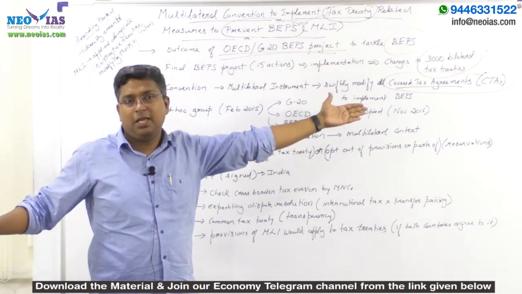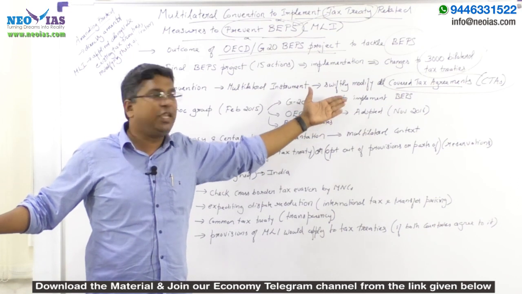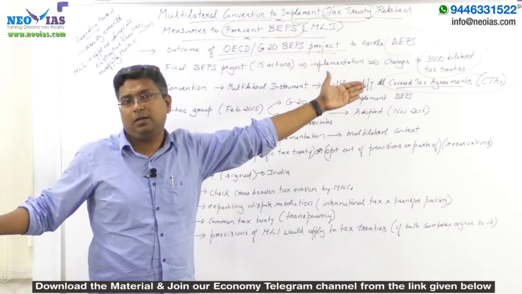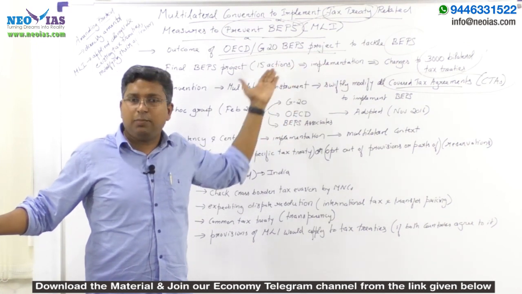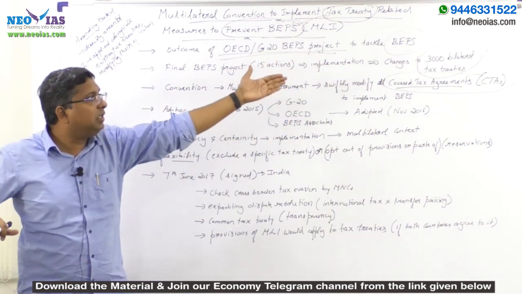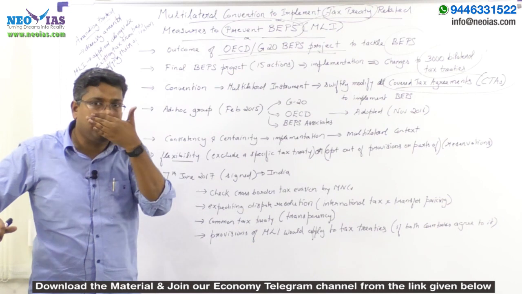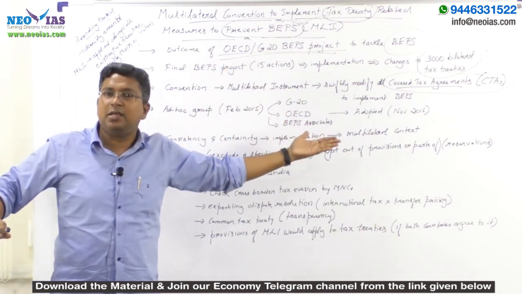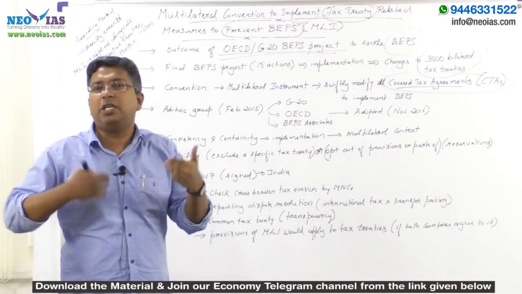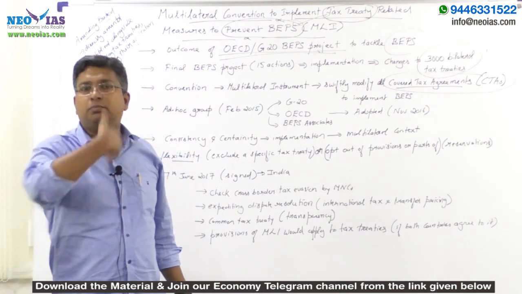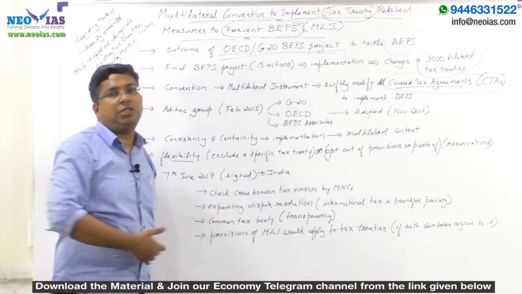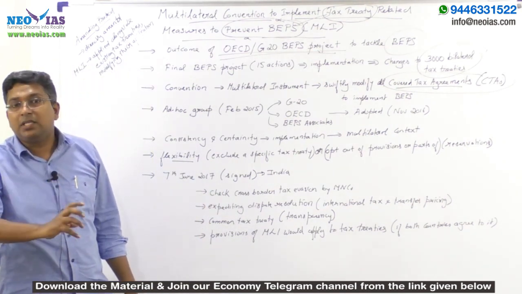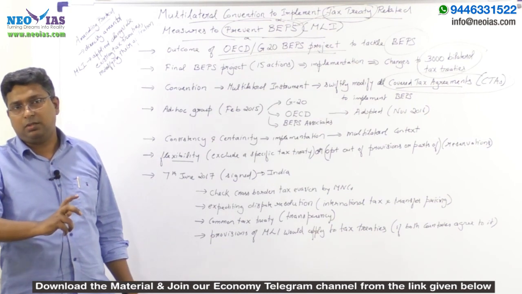If all the countries having bilateral tax treaties sign and ratify this convention, it becomes easy. There is no need to make changes to individual tax treaties. Instead, you become a member of this convention. That is the basic aim of this multilateral convention.